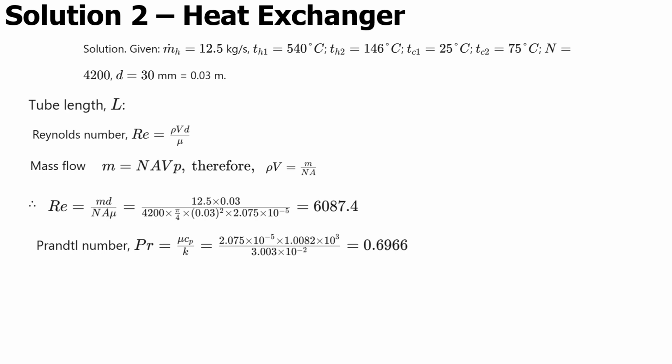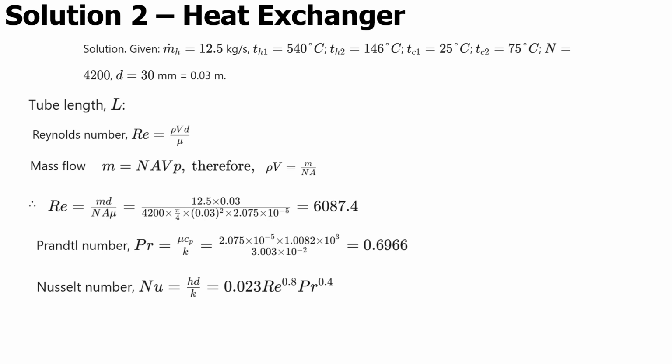Next, we calculate the Prandtl number, which is mu Cp over K. Substituting the values, this gives us a Prandtl number of approximately 0.6966. Now we can find the Nusselt number using the given correlation for turbulent flow: Nusselt equals 0.023 times Re to the power of 0.8, Prandtl number to the power of 0.4.